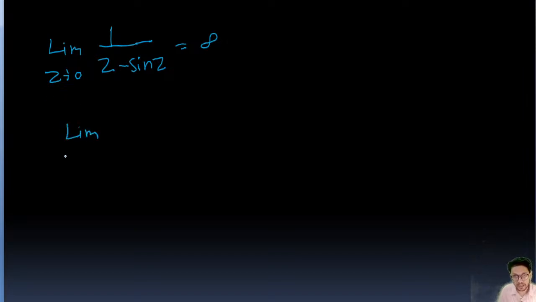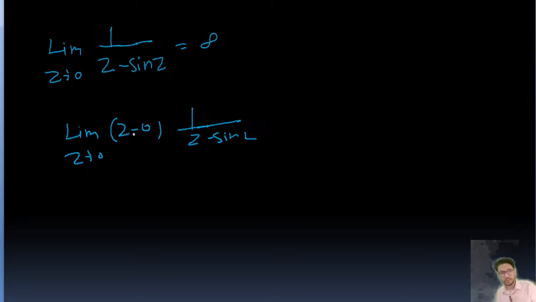So now we'll find out the order of the pole. How to find it? Limit z tends to 0, and here we take (z minus 0) times 1 upon (z minus sin z). In this case you can see this is not going to give a finite value. Just give me one second, guys.